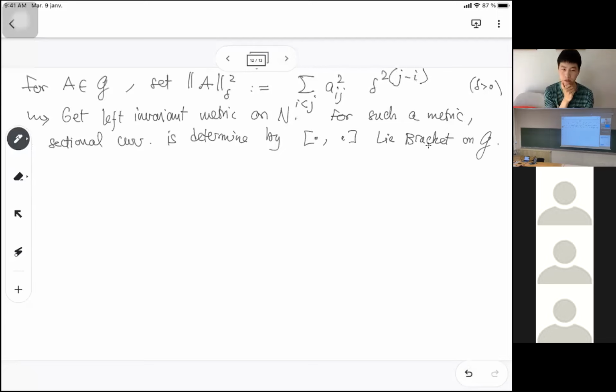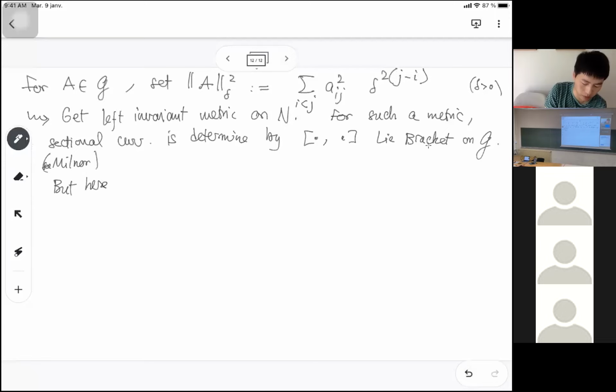One reference for that is this old paper of Milnor on left invariant metrics. See, for example, Milnor. Anyway, here everything is explicit and you can check.